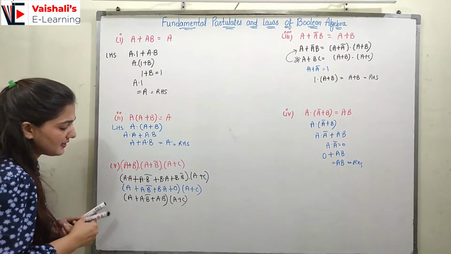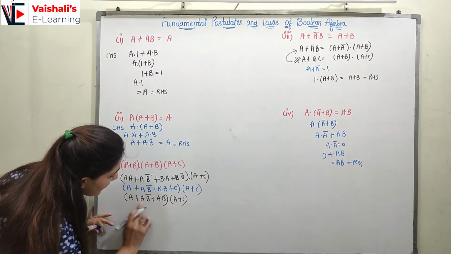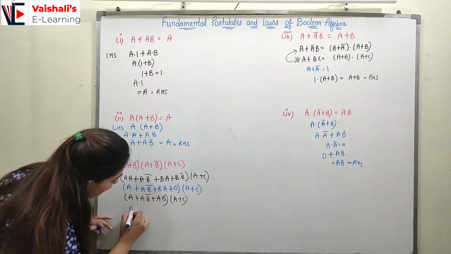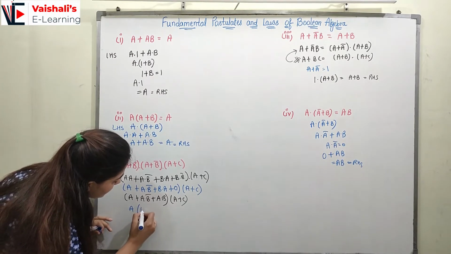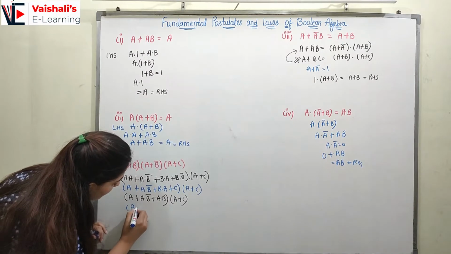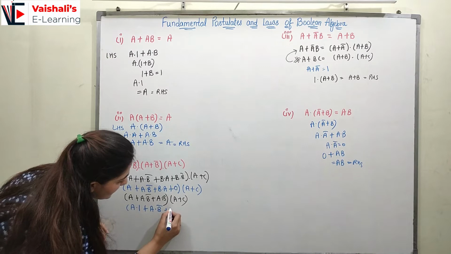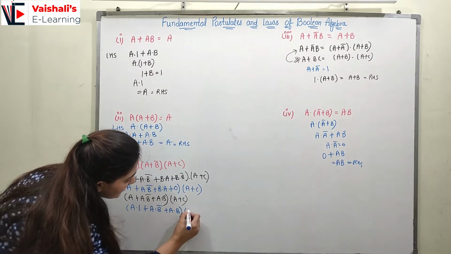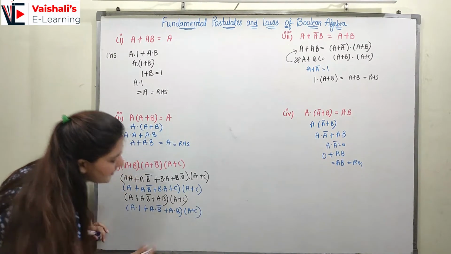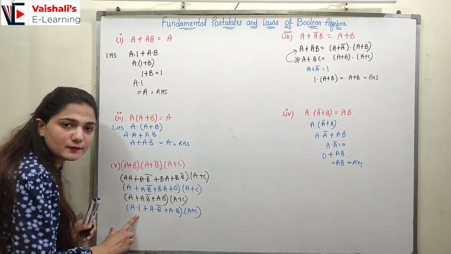Right, so now let's again take A common from over here. So if I take this equation, I take A common, so it can be written as A dot 1 plus A dot B bar plus A dot B, multiplied with (A plus C), right? So now A can be written as A dot 1, right?